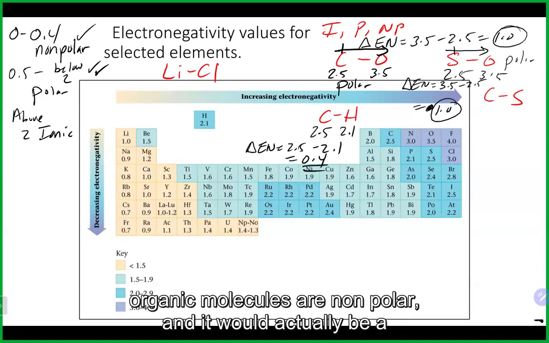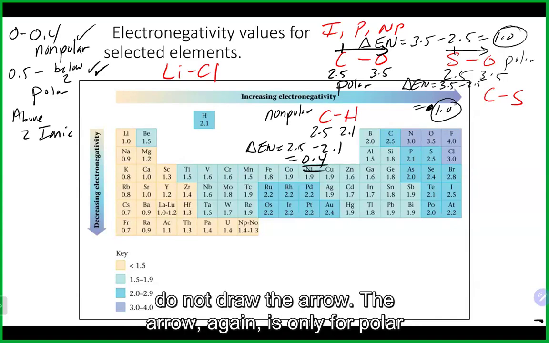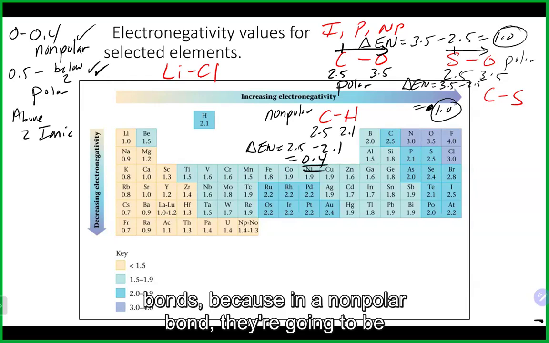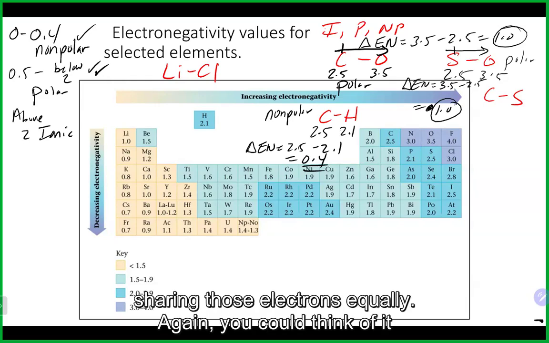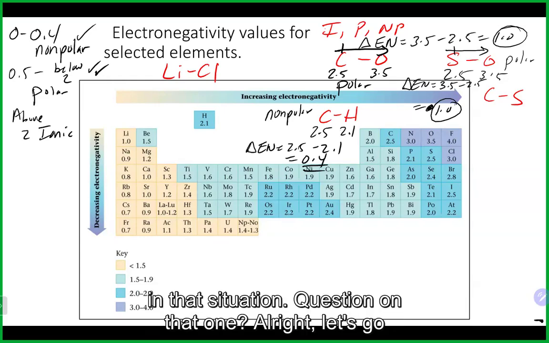And it would be a nonpolar bond in this case. Because it's a nonpolar bond, we do not draw the arrow. The arrow is only for polar bonds, because in a nonpolar bond, they're going to be sharing those electrons equally. You can think of it like a neutral bond. There is no negative side or positive side in that situation. Question on that one.